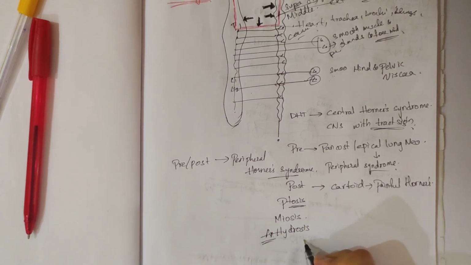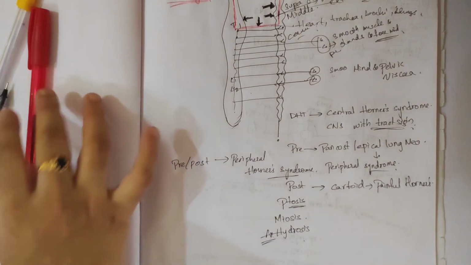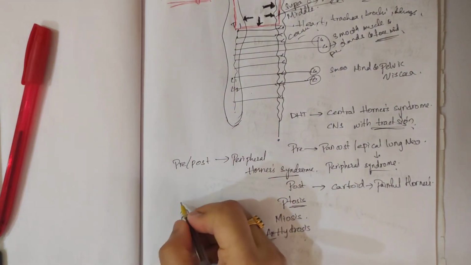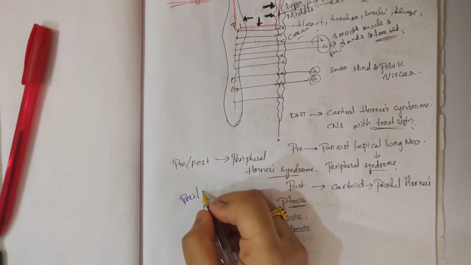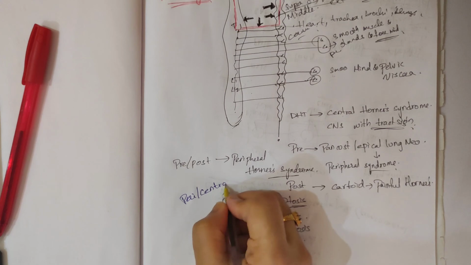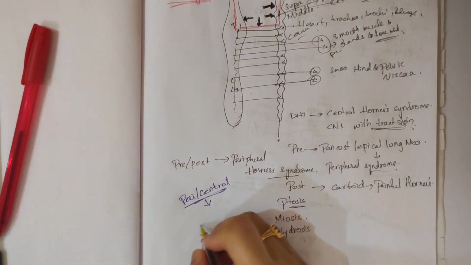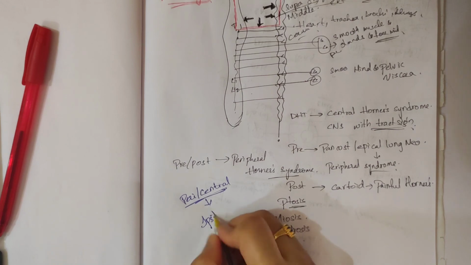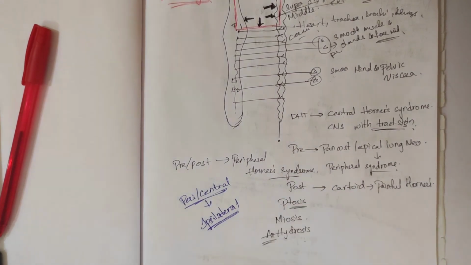We'll come to these later, but first the important classic sign is, whether it is peripheral or central Horner syndrome, it doesn't matter. The signs are always ipsilateral. This is very high yield. Just remember this as ipsilateral always.